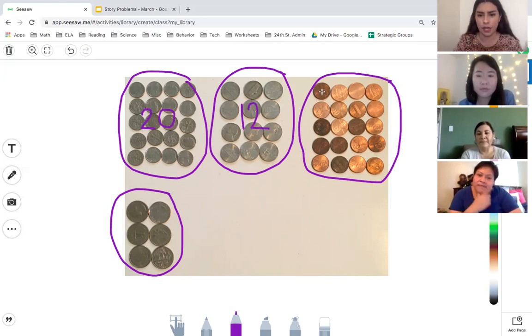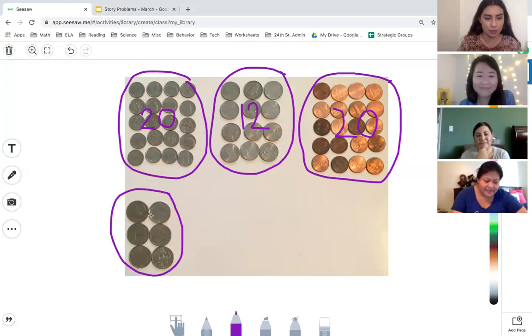There are 4 in a row, 4, 8, and then there's another 2 to make 8, so 8 plus 8 is 16, 17, 18, 19, 20. Oh, 2 groups of 20. I see my dimes and my pennies are 20. Okay, now last but not least, my favorite. This is easy. 3 plus 3 is 6. So I have 6 quarters. Okay, now I am done, right?